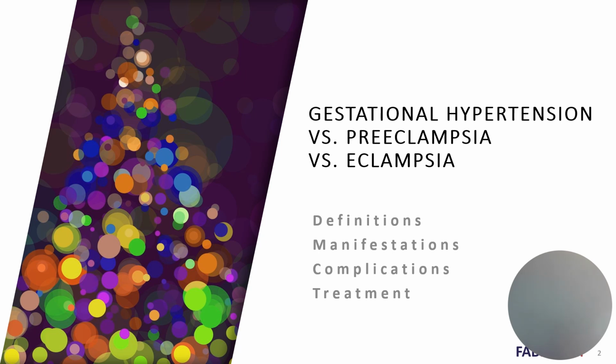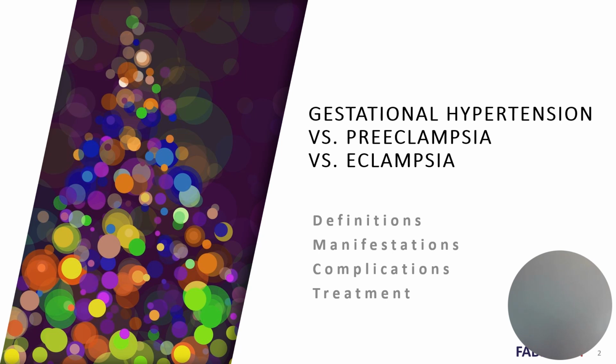Dim lighting, there should be no television, and she may receive magnesium sulfate intravenously. And if that is the case, then she will be closely monitored for toxicity of the magnesium sulfate. And then we have eclampsia.